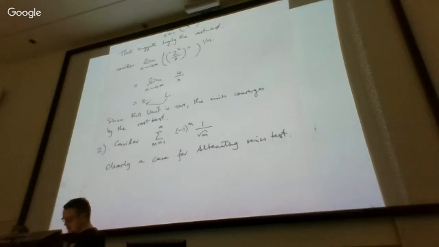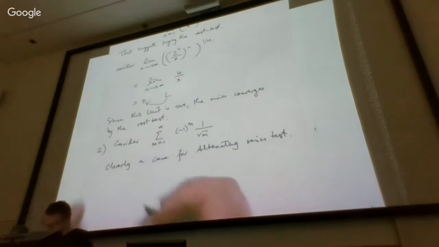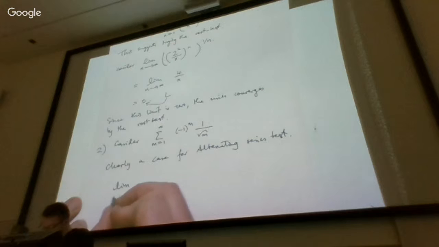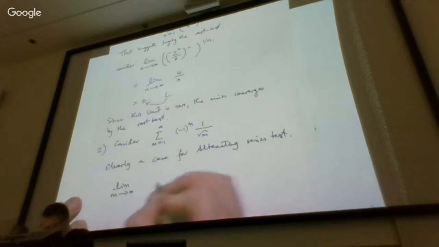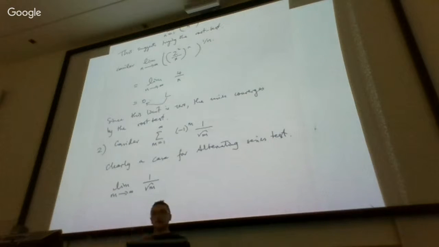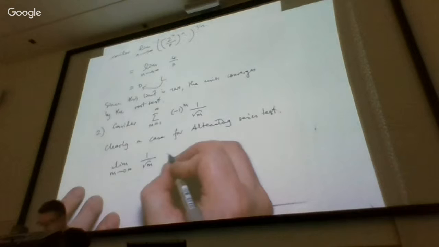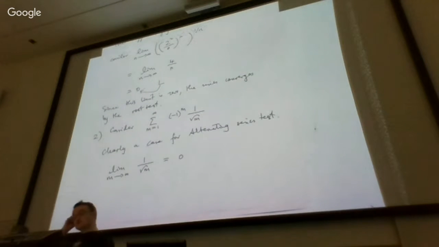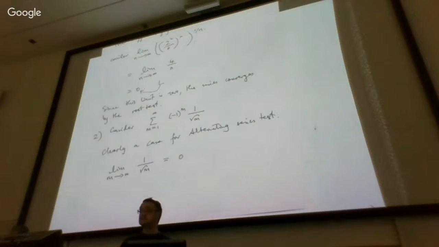The alternating series test. So what do we do there? We examine the limit as n goes to infinity of just the absolute value of the terms. We forget the alternating positive and minus sign. Well, the limit as n goes to infinity of 1 over the square root of n is 0.